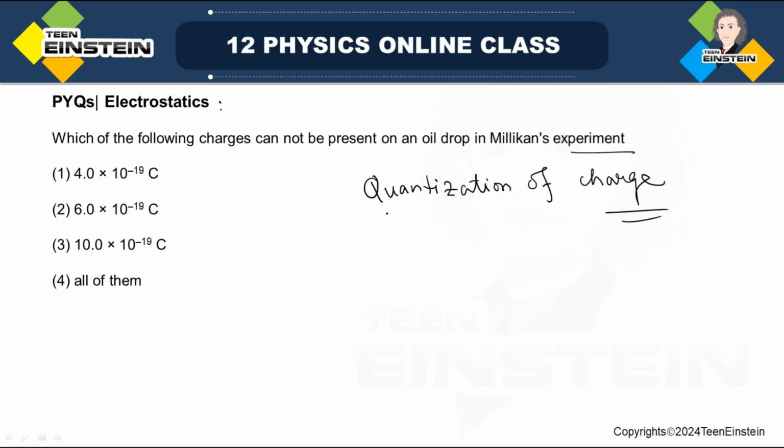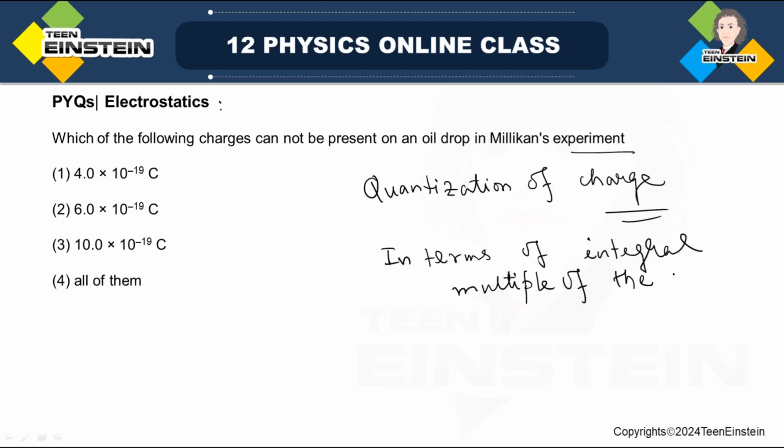This principle says that any charge can be expressed in terms of an integral multiple of the fundamental charge, or a basic unit charge, and that is here e, the charge of electron or electronic charge.